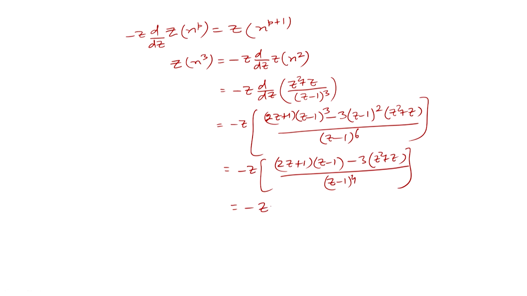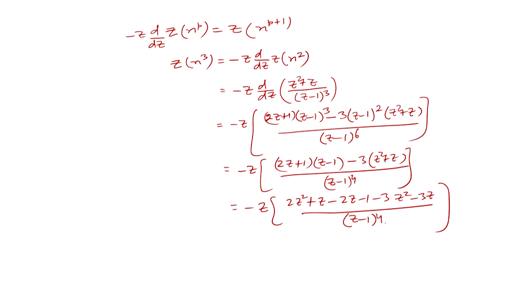So, we get minus z times [2z square + z - 2z - 1 - 3z square - 3z] divided by (z - 1) to the power 4. Okay. What do we get? 2z square minus 3z square. So, we get minus z square.